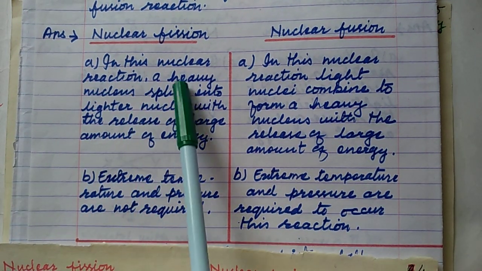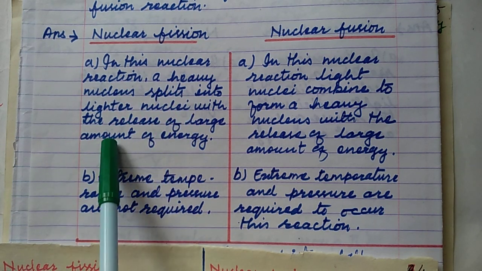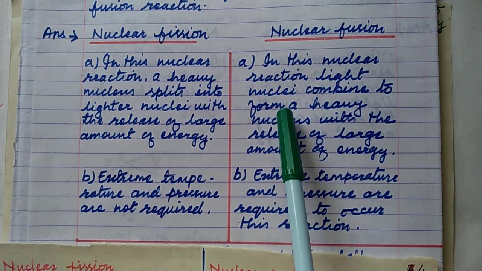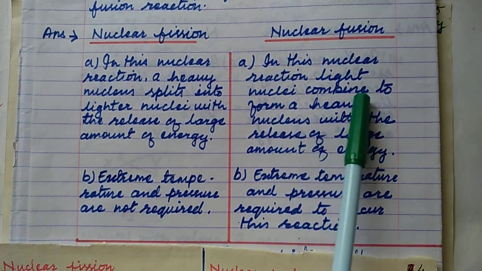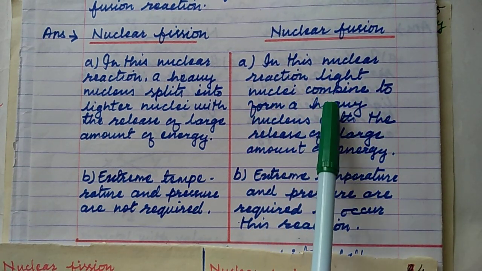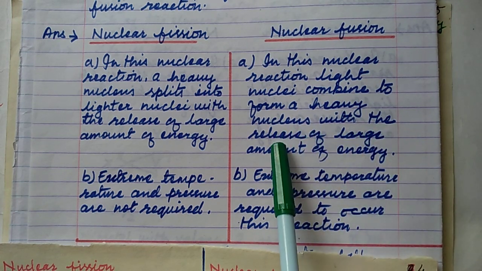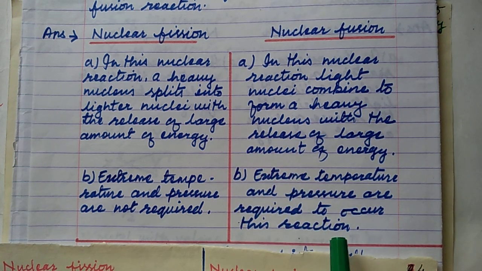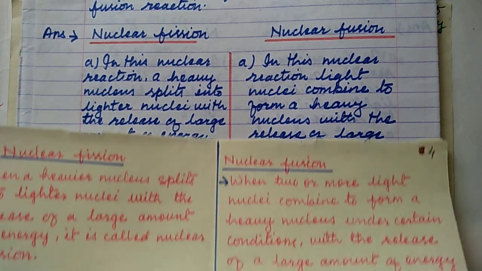In nuclear fission, a heavy nucleus splits into lighter nuclei with the release of a large amount of energy, whereas in nuclear fusion, light nuclei combine to form a heavy nucleus with the release of a large amount of energy. In a fusion reaction, extreme temperature and pressure are required, whereas in nuclear fission, extreme temperature and pressure are not required. Nuclear fission can be done under ordinary conditions of temperature and pressure.